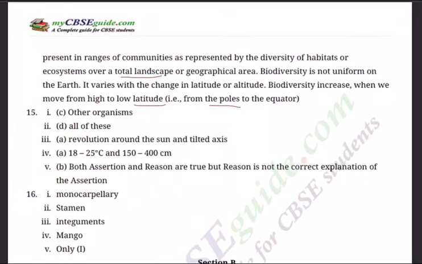Question 15, the paragraph: Ecology is the study of interactions among organisms and between the organism and its abiotic environment. Ecology at the organismic level is essentially physiological ecology, which tries to understand how different organisms are adapted to their environments in terms of not only survival but also reproduction.